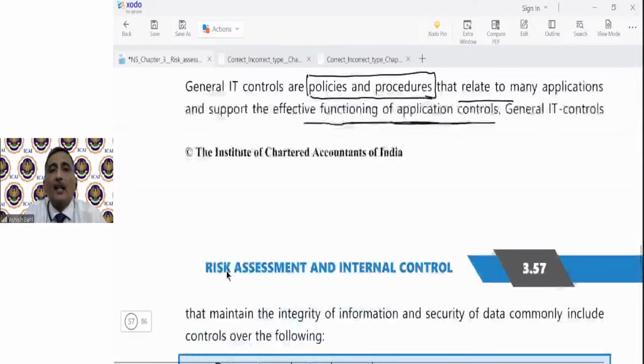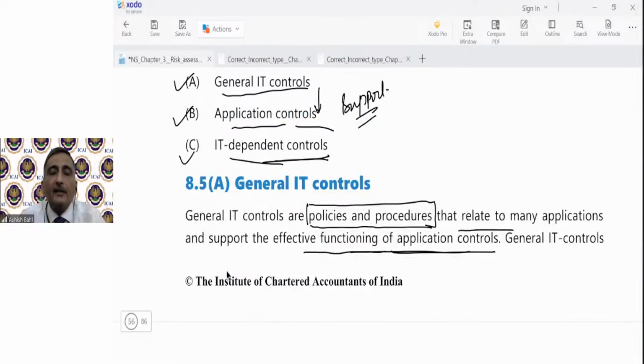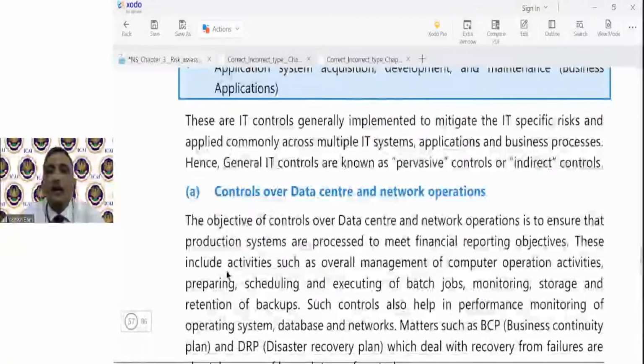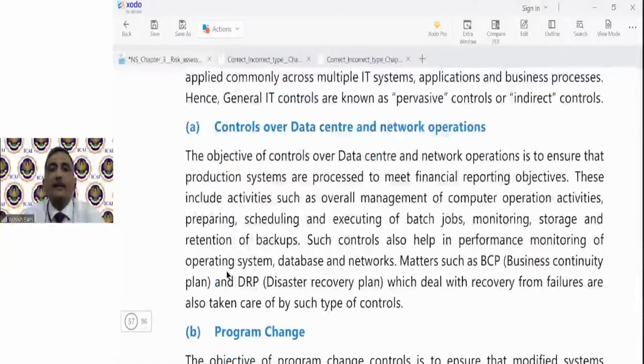So general IT controls help in data security. What are the different types of general IT controls? These three things are given here. Number one is controls over data center and network operations.